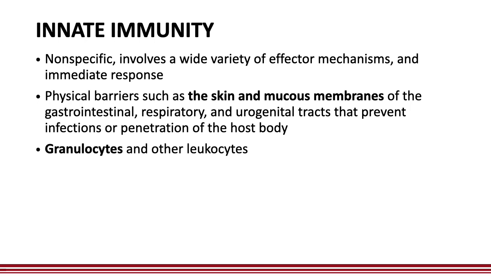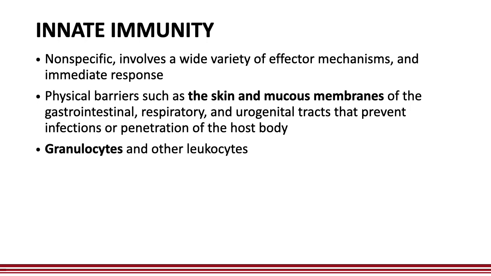Innate immunity can be because of physical barriers in the body or by certain types of circulating WBCs. Now, physical barriers include the skin and the mucous membranes of the gastrointestinal tract, the respiratory tract, and the urogenital tract. And they not only prevent infection or penetration of the host body, but these surfaces may have antibacterial or anti-organismal substances that kill these organisms.